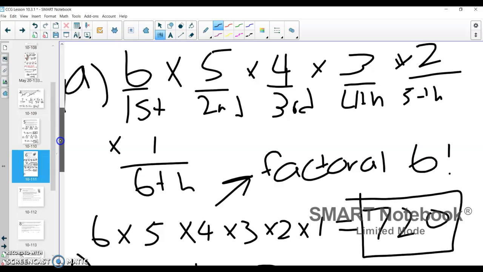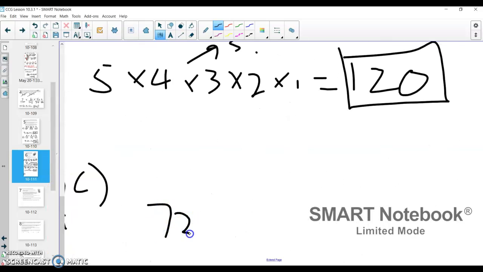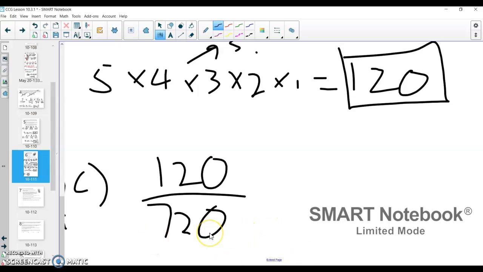But we have 720 total outcomes, and 120 of those outcomes are pre-calculus first period, right? So 720 could be any class, any arrangement. 120 is the possible outcomes where you have pre-calculus first period.